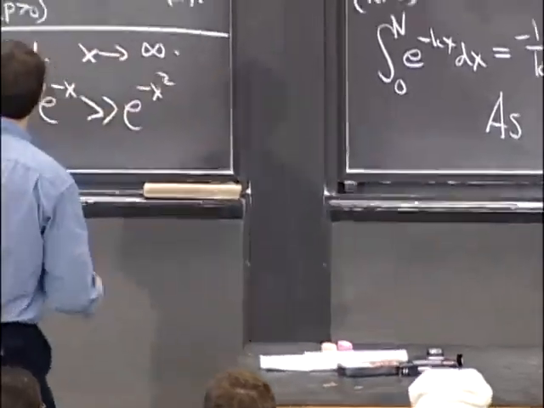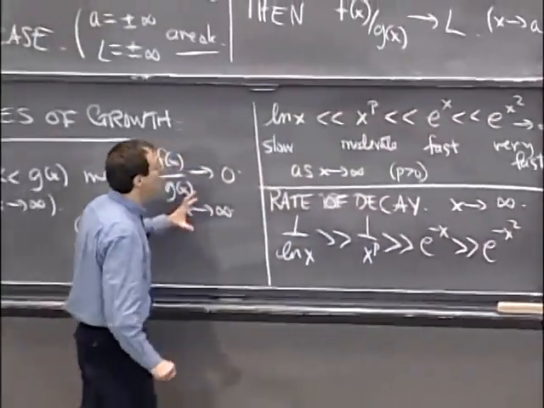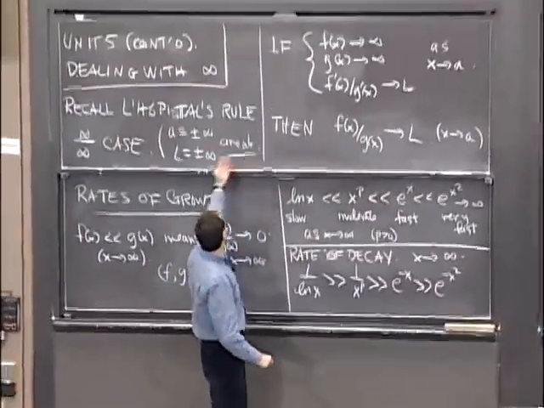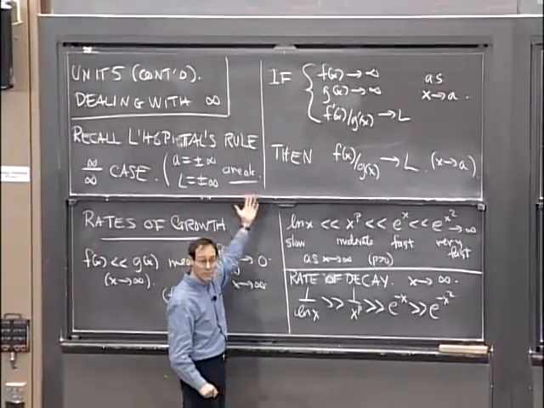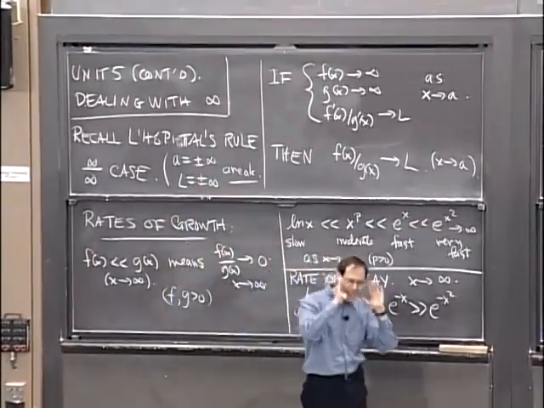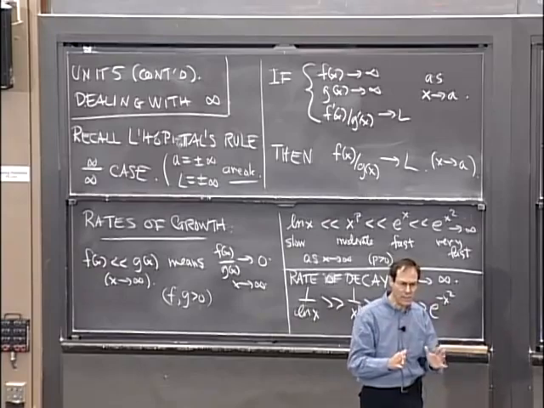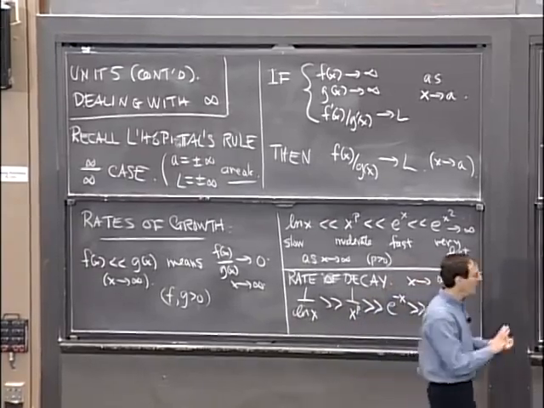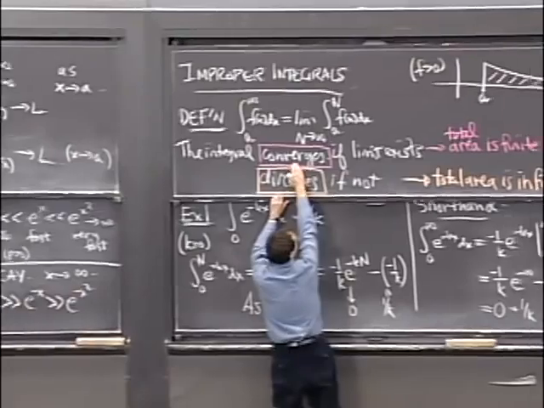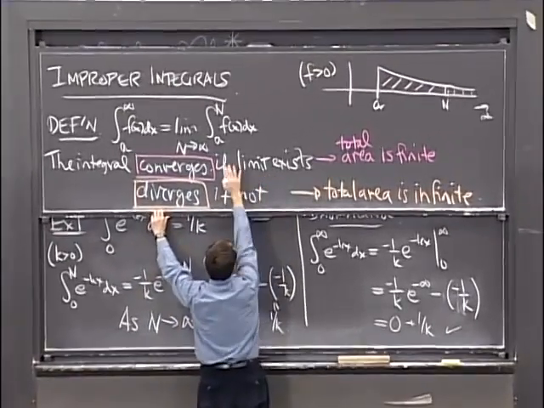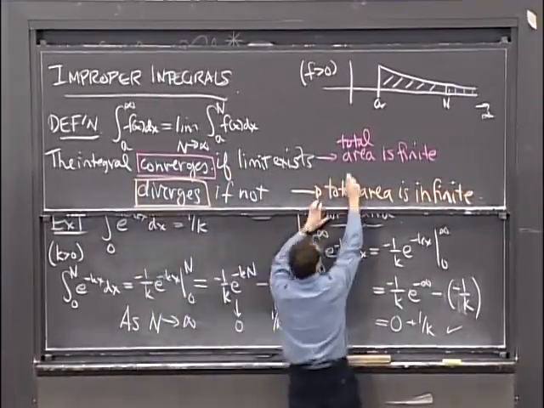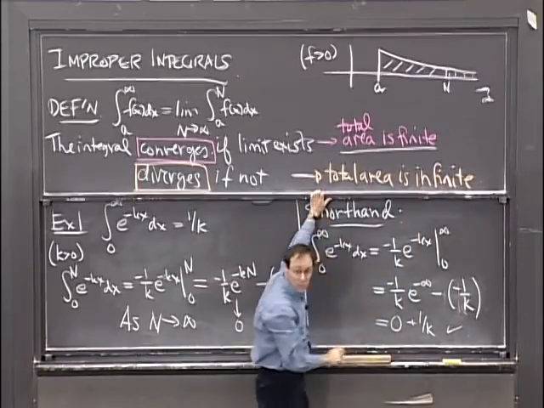Whenever I make a discussion of limits, I say a finite limit, or in this case, it works for infinite limits. So in other words, when I say exists, I mean exists and is finite. So here, when I say that it converges and I say the limit exists, what I mean is that it's a finite number. And so that's indeed what I said here, the total area is finite.